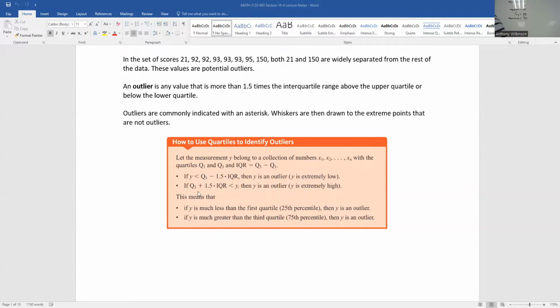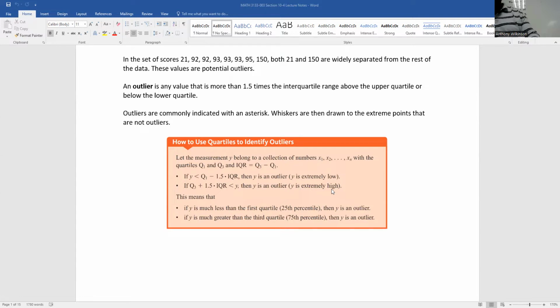And then we also have to do this: Q3 plus 1.5 times the interquartile range. If you have data values that are greater than that amount, then we have a data value that is extremely high. Those will be considered to be outliers. Okay.